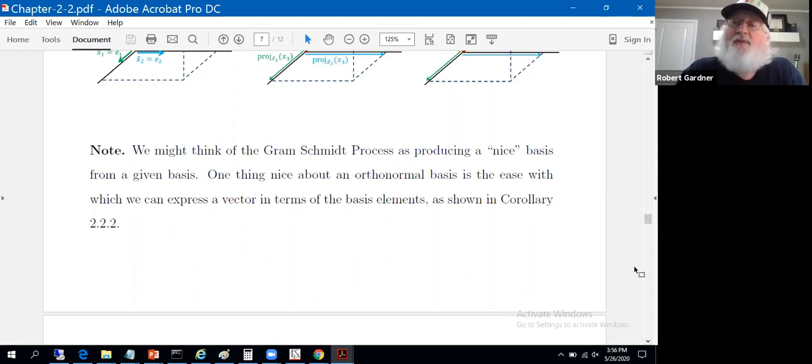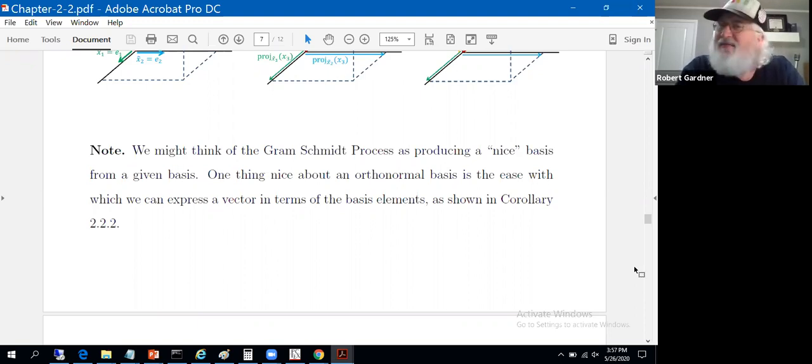How do you decide if you want nice i, j, k's pointing along the axes or something else? Well, that may depend on the bunch of vectors they gave you as a spanning set. Or you might be doing some physical problem where you've got some vectors that are special for some reason. So common applications of this stuff is differential equations, where you find a solution space for a system of linear differential equations with constant coefficients, say.